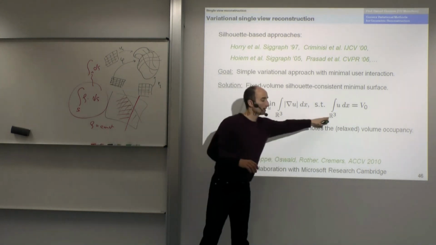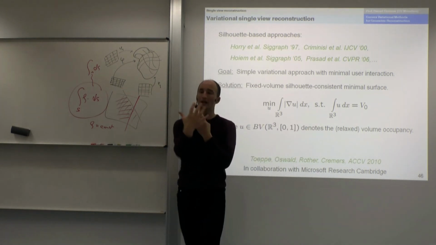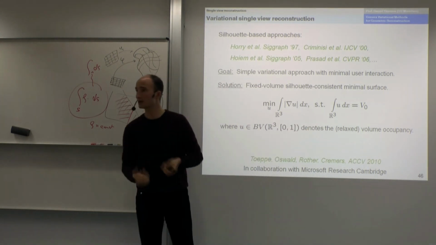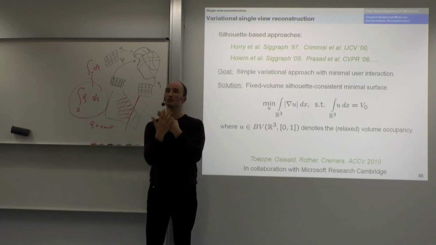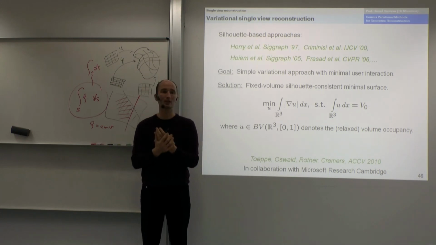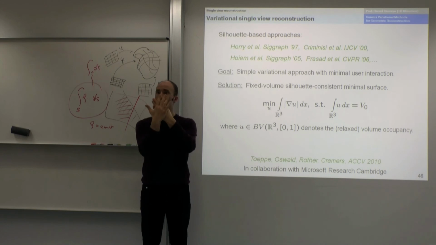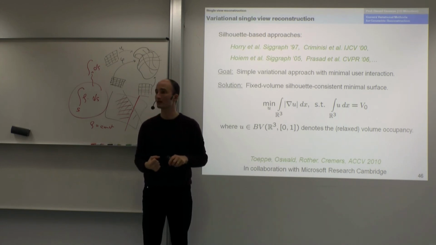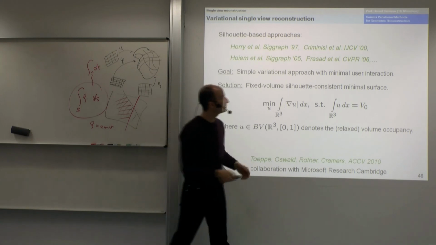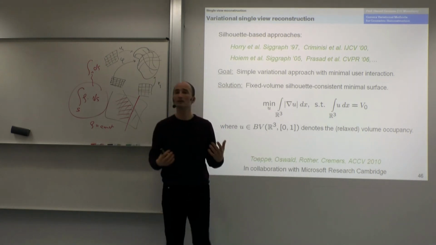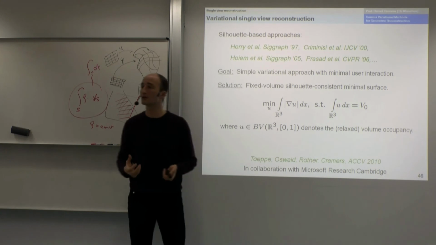The volume of my object essentially means the average thickness of the object. This is the key information that I lose when seeing an image of an object. It's flattened to the image, so I don't see the extent of the object. So what we do here is we say, what is the average thickness, what is the volume?